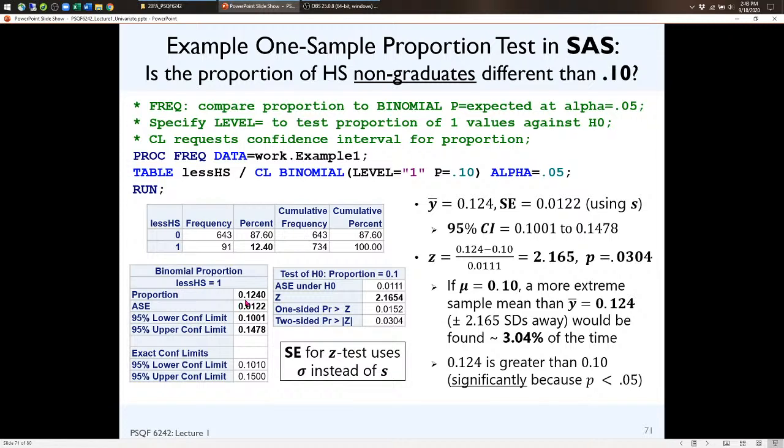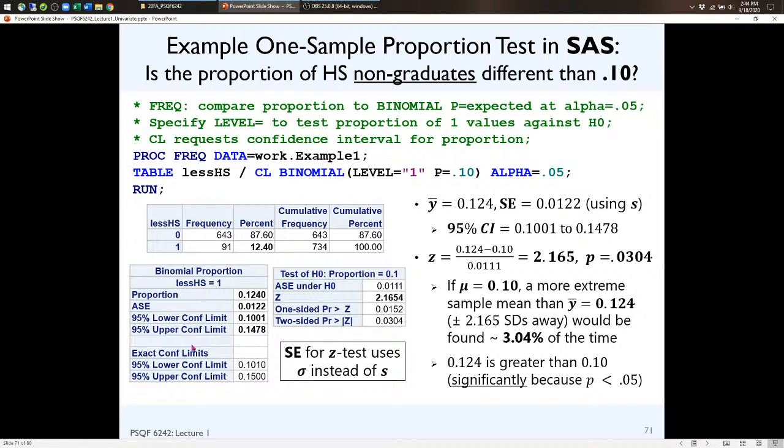So the proportion for the sample is 0.12. The standard error for that proportion is 0.01. So note that I'm saying it's the proportion, but it means the same thing as the sample mean. It just gets a different phrasing for binary variables. So this is the sample mean, the proportion of 1 values, and I have a confidence interval around that.